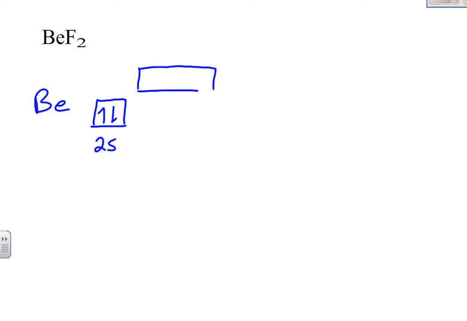And I can draw the other 2 p's here, but those don't have any electrons in them. So the beryllium currently doesn't have any half-filled orbitals. The fluorine would have the configuration of s2p5, so there'd be one of the p orbitals in the fluorine that's half-filled, that we could overlap with. But the beryllium doesn't have that.